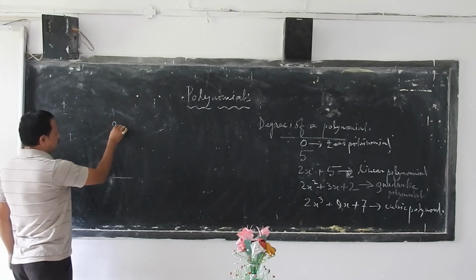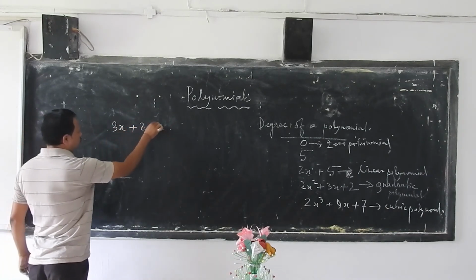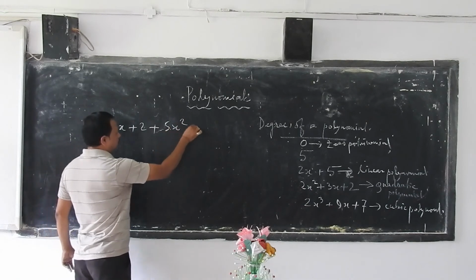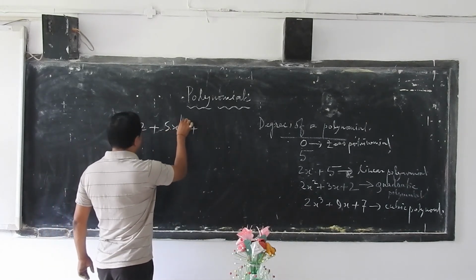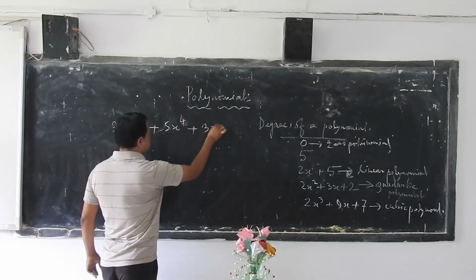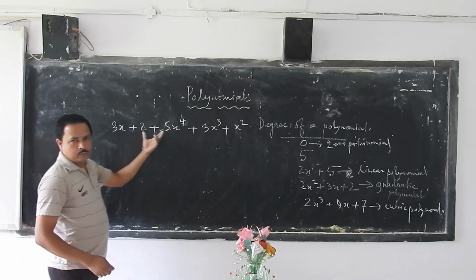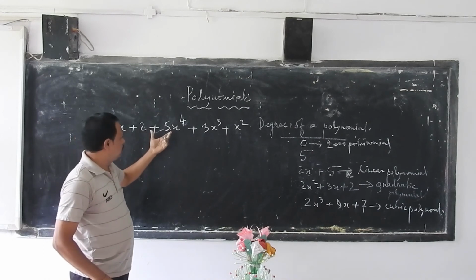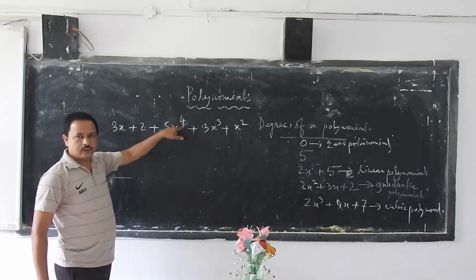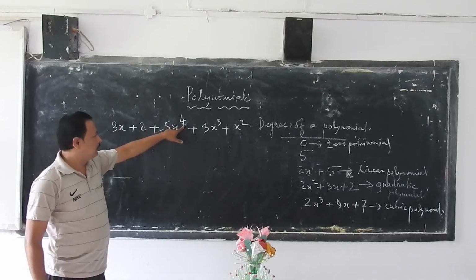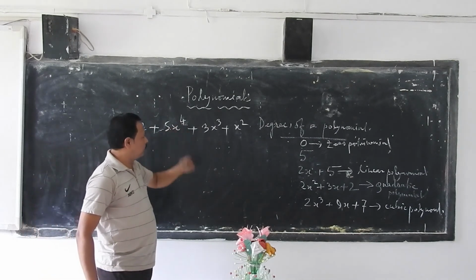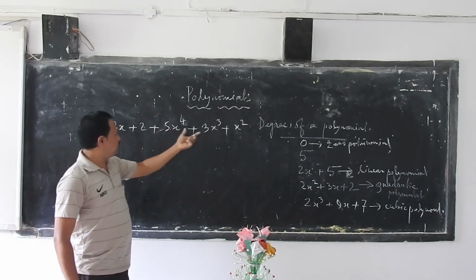Now, standard form of a polynomial. See, 3x plus 2 plus 5x square plus 5x to the power 4 plus 3x cubed plus x square. This is a polynomial of degree 4, because the highest power of the variable is 4. It has 1, 2, 3, 4, 5 terms.